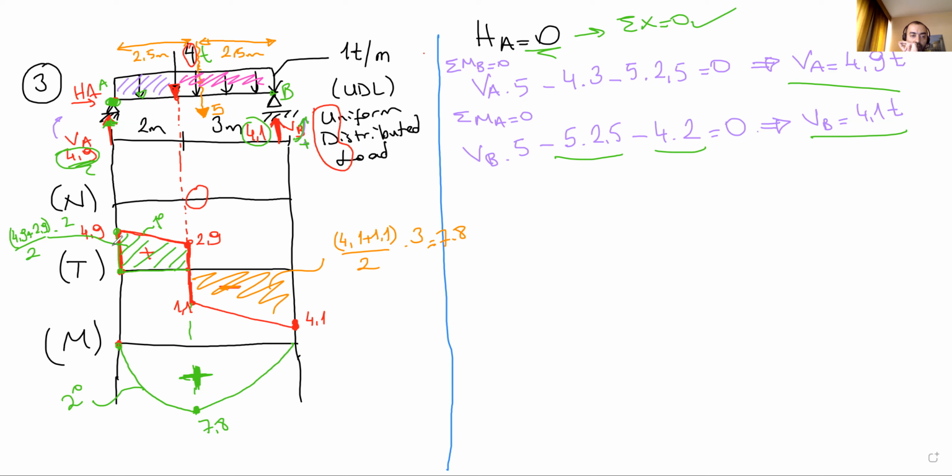At the beginning, we went up. Now we are gonna go down 2. So 4.9 start point is this, and go down to 2.9. Since this is the uniform distributed load, we connect these 2 points with a 1 degree curve, which is a linear line. We connect these 2 points.